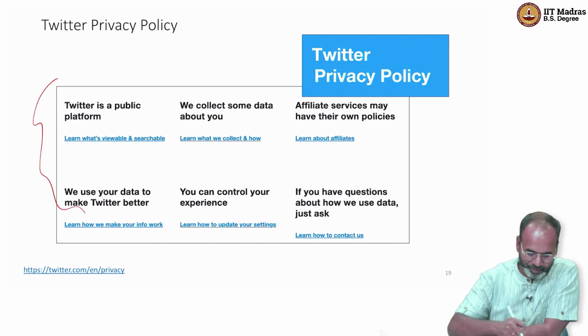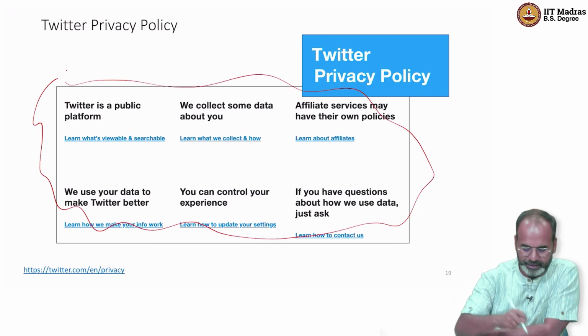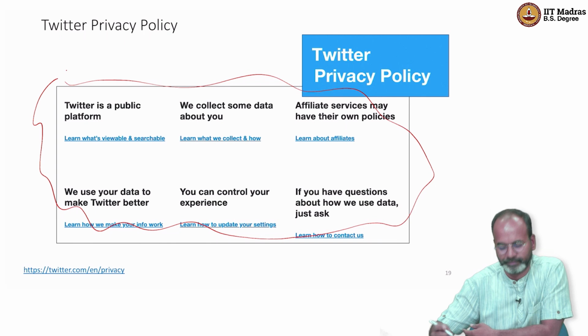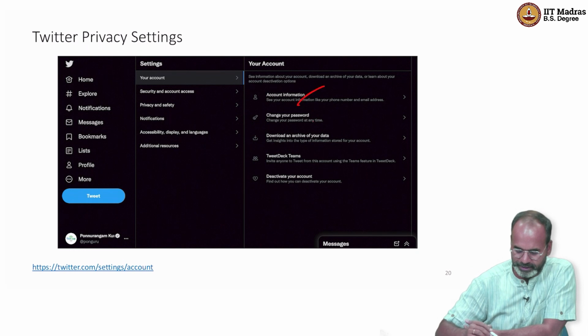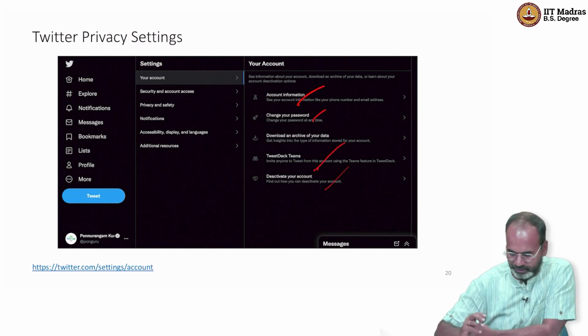We saw a similar set of questions in Facebook also. Same. This is my account from Twitter, giving you details about your account information, password, TweetDeck teams, deactivating your account.